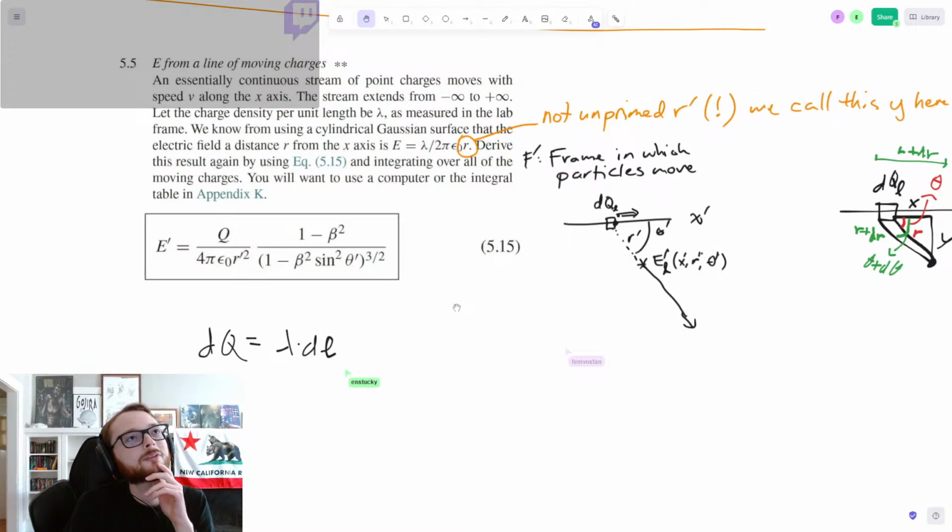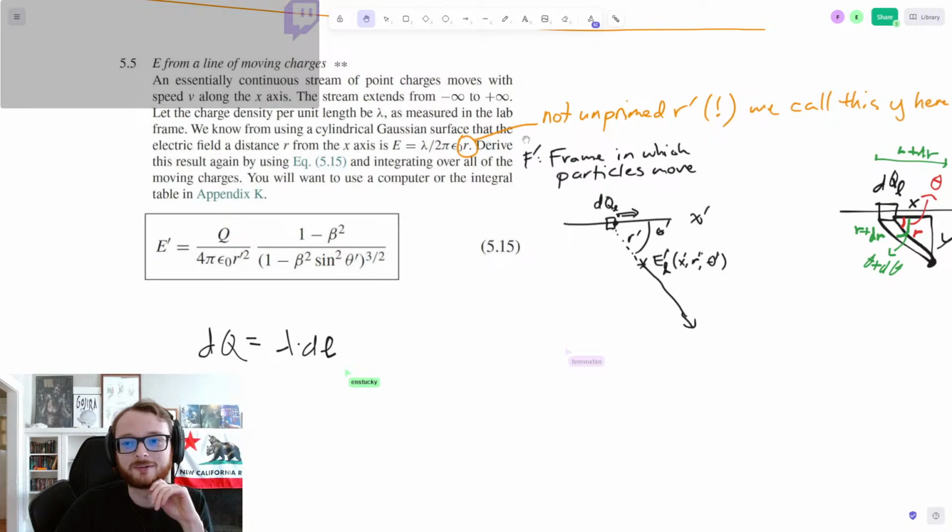And shouldn't lambda increase by a factor of gamma and L decrease by a factor of gamma? Is there something weird like that happening where it's just going to end up being the same anyway? Because the gammas cancel? Right.